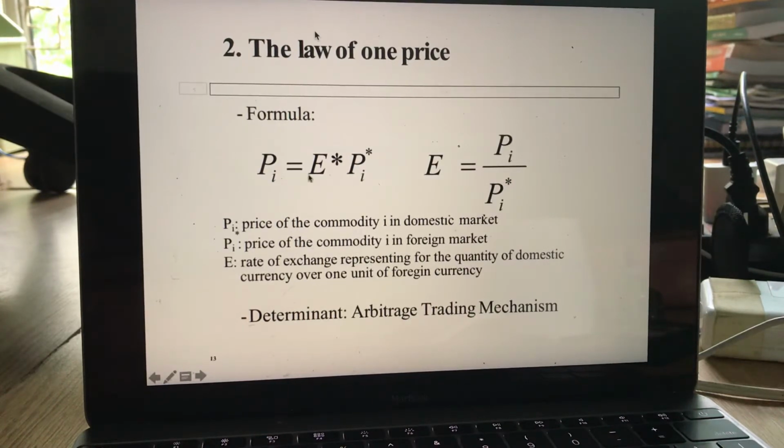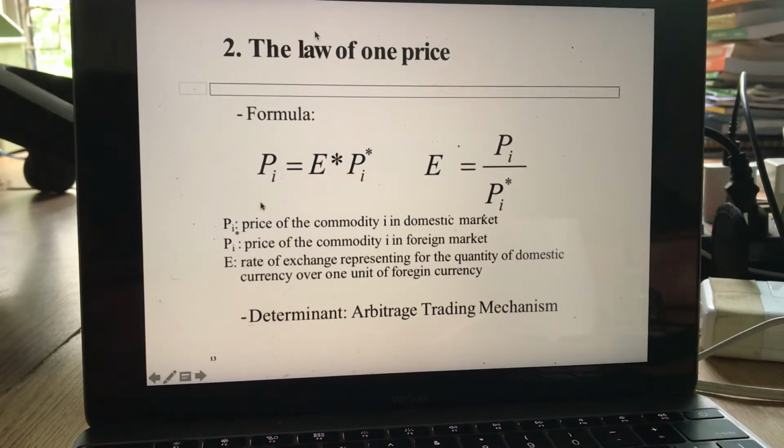In other words, the price of X commodity, in here commodity i, so we have different types of commodity, so i can vary, are equal when expressed in the same currency.